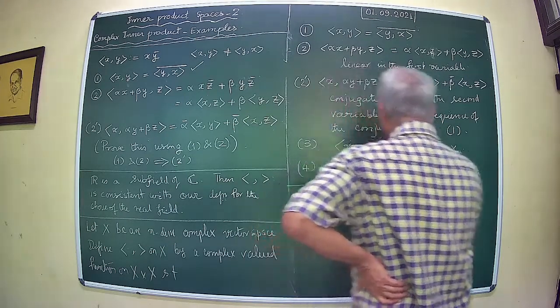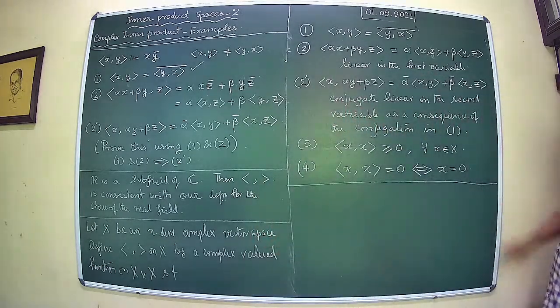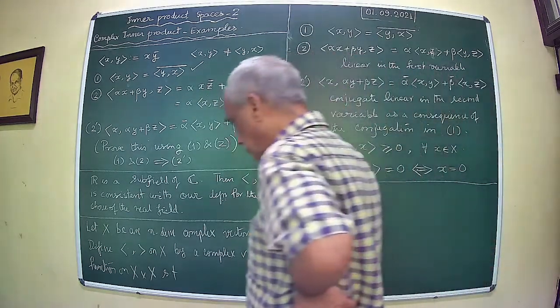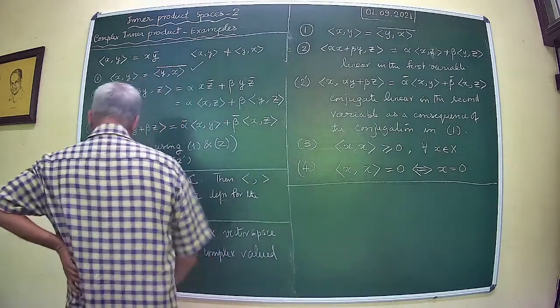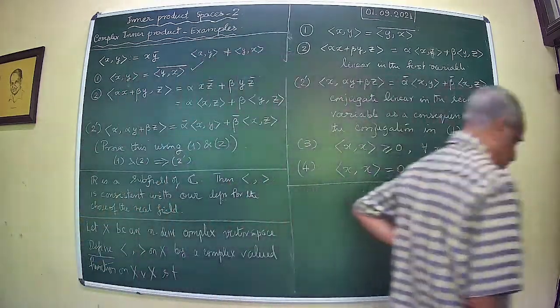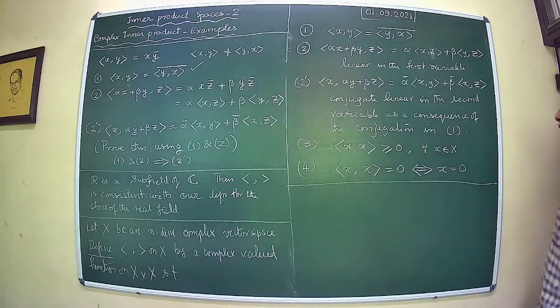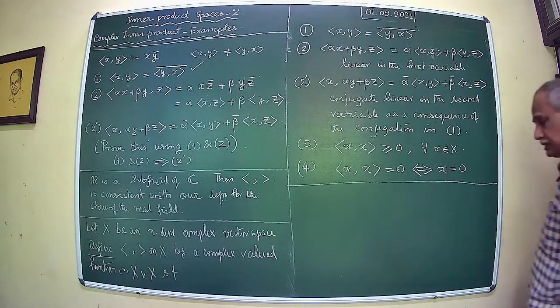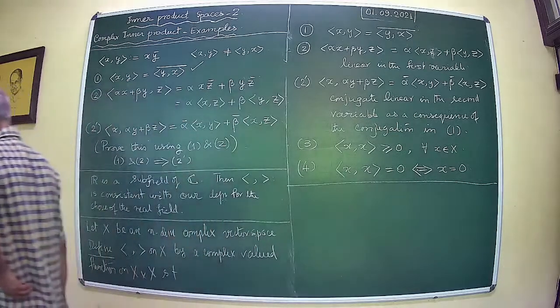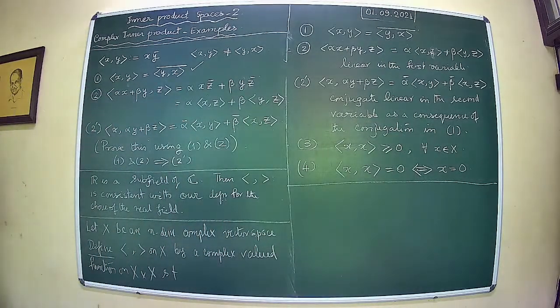Therefore, this is the definition of inner product on a complex vector space. It's a consistent extension of the concept from a real vector space.